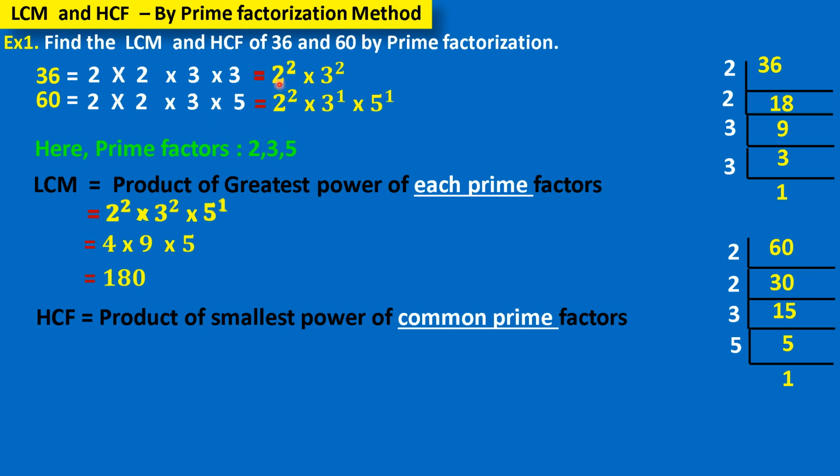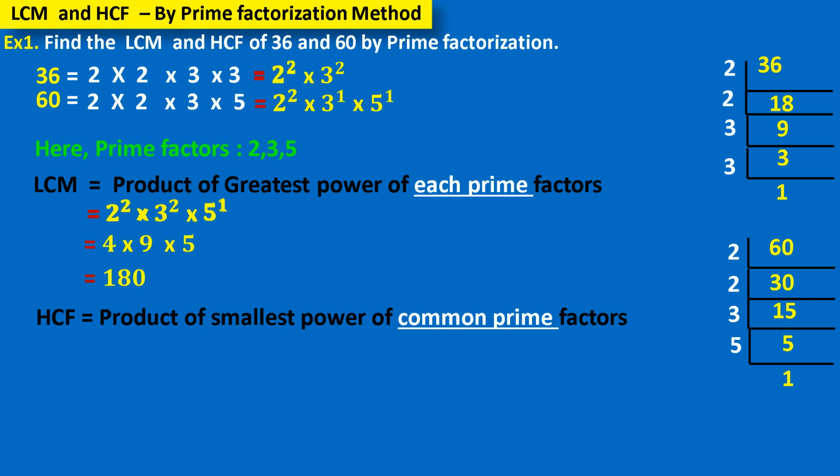Here 2 is a prime factor in the second number also. And in 36, 3 square, and in 60 also 3 to the power of 1. So here, the product of the smallest power of common prime factors. Only 2 and 3 are common prime factors, not 5.